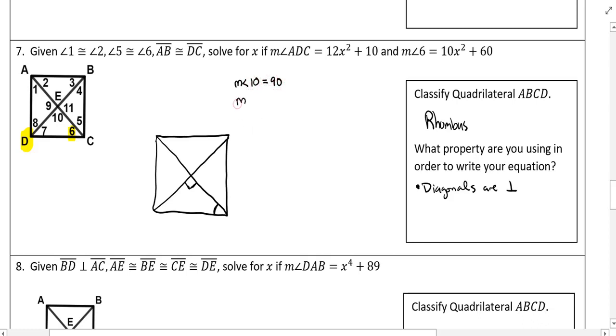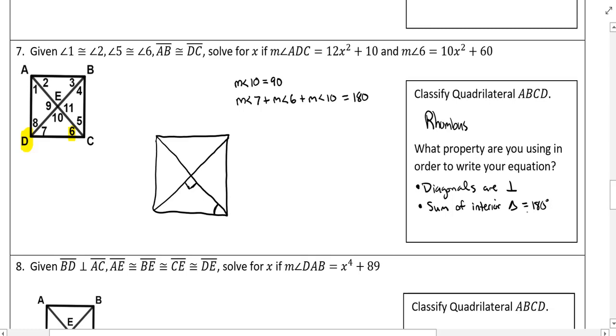The measure of angle 7 plus the measure of angle 6 plus the measure of angle 10, those are the three angles inside my triangle. It's going to add up to 180. And so we're going to use the fact that the sum of interior angles of a triangle is 180.